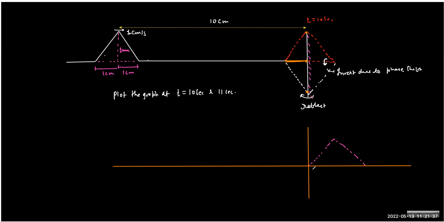Invert and reflect. And there is no one to superimpose. So this is the answer. So at 11 seconds, the wave will be here. This is the answer. Understood? Things will change at 11 seconds. Is this clear? Yes, sir.